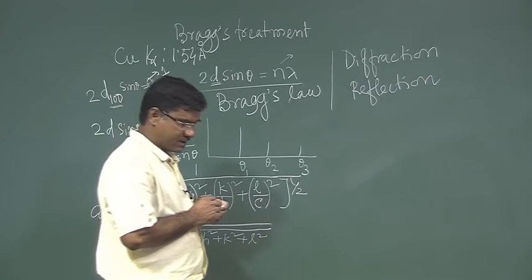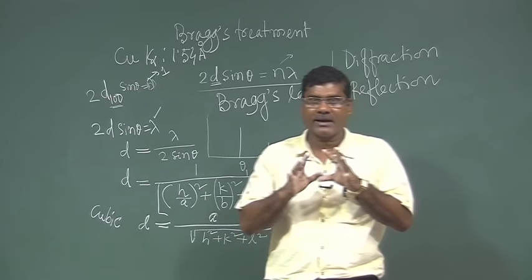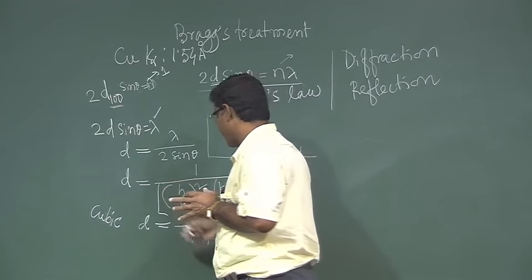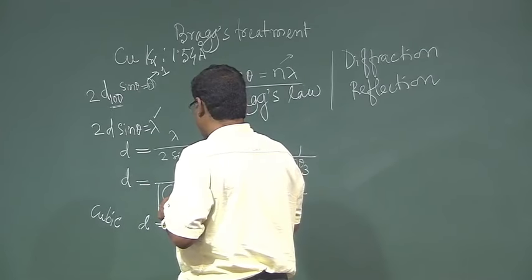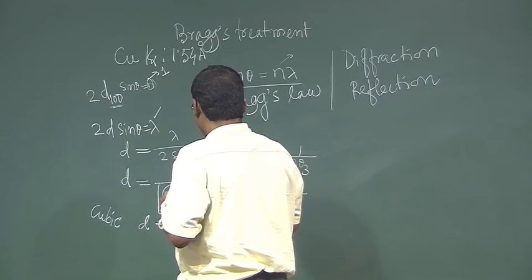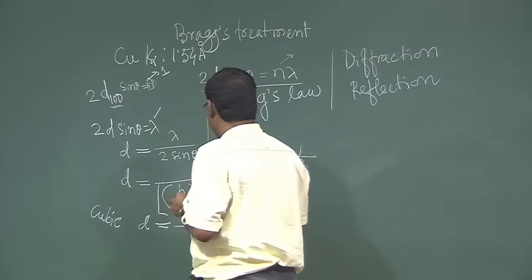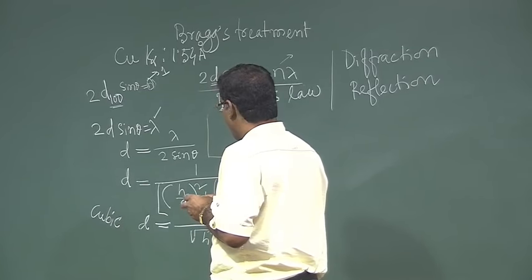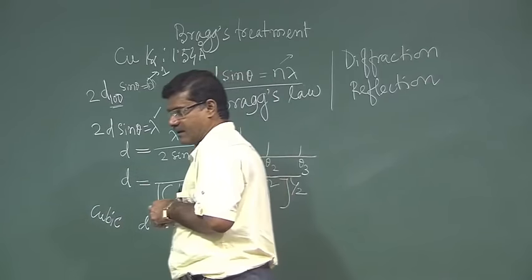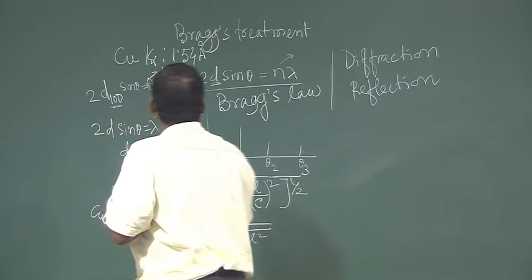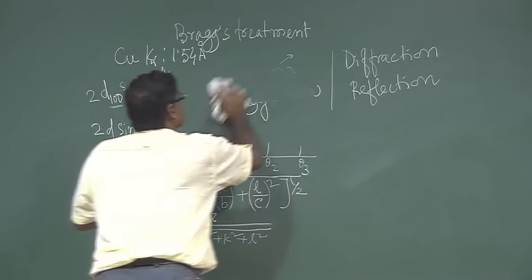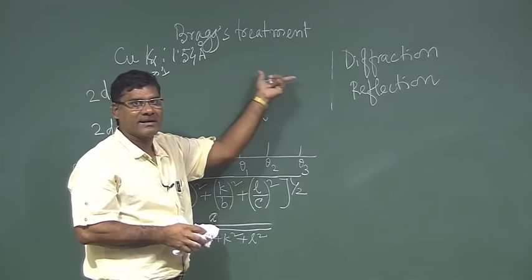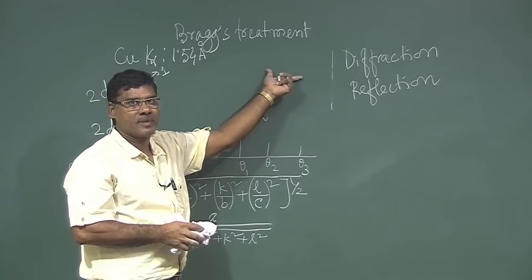So, now what happens? Here I told theoretically that this way one can find out the lattice parameter, but for that you need the experimental arrangement. There are basically three experimental arrangements. For all experimental arrangements, this is the parent relation, Bragg's law.